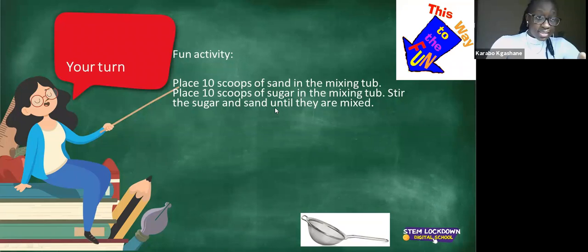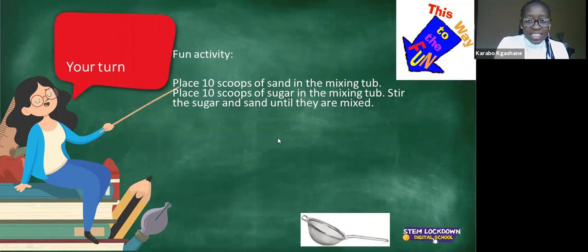Sand and you've got sugar. Not a lot of sugar, just 10 small scoops, just a teaspoon and a teaspoon of sand. Mix all of that together until you get a mixture.